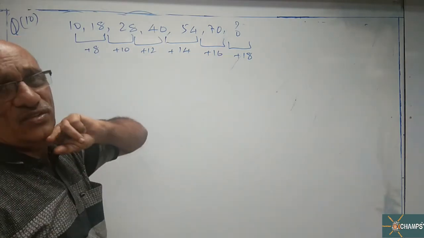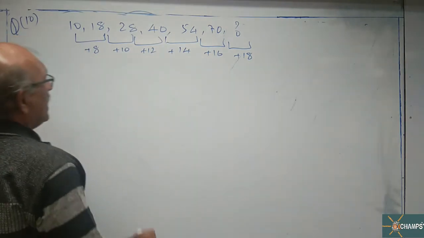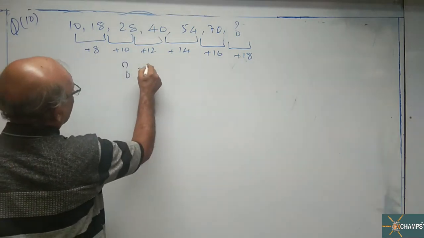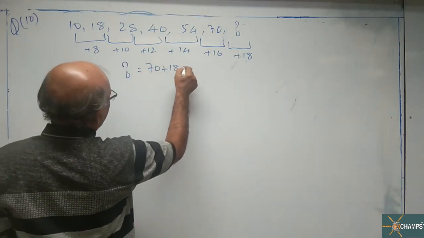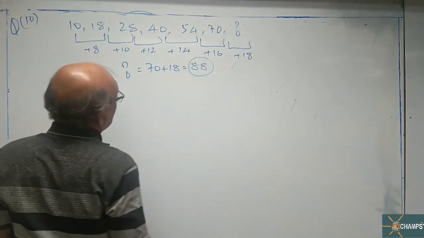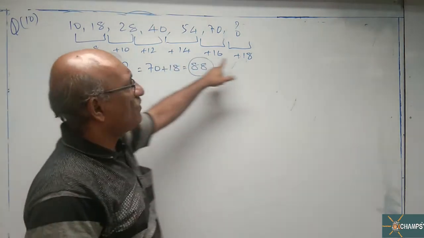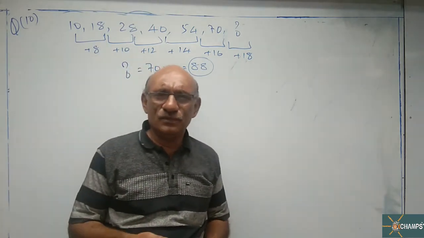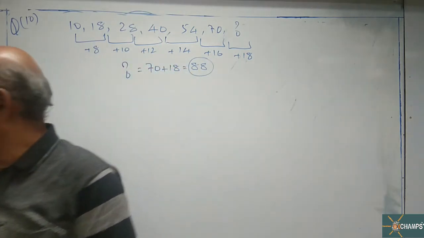Difference of differences is in arithmetic progression, or this difference is in AP. So question mark is equal to 70 plus 18, that is 88. The differences of these numbers are in arithmetic progression, sir, or differences of differences too. Anyway you can take up.